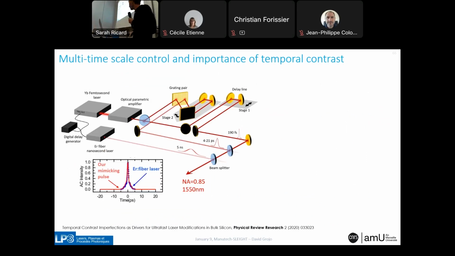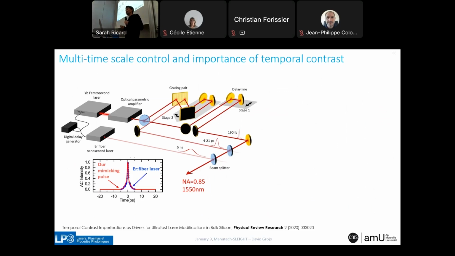So for the last part of my presentation, I will be describing probably what is today the best level of control we can achieve in this type of experiments. This is based on a previous study, which was to look at the dependence of the material response to the temporal contrast of the pulses.